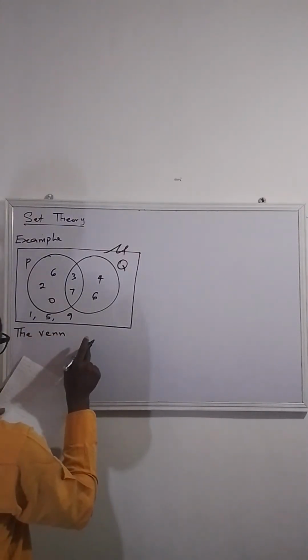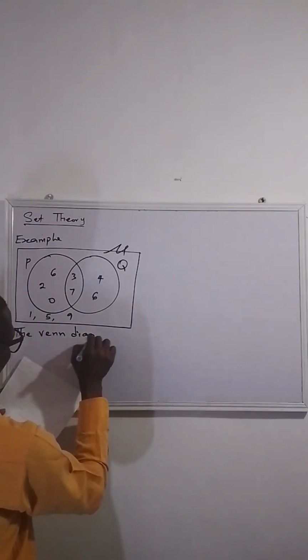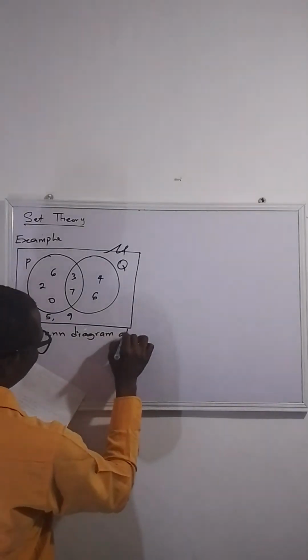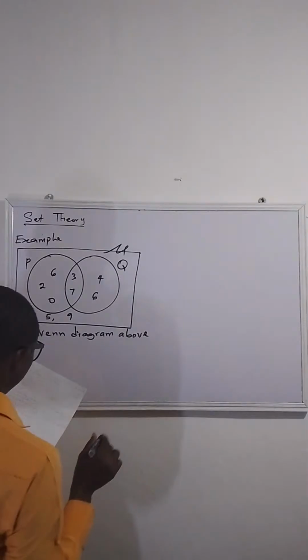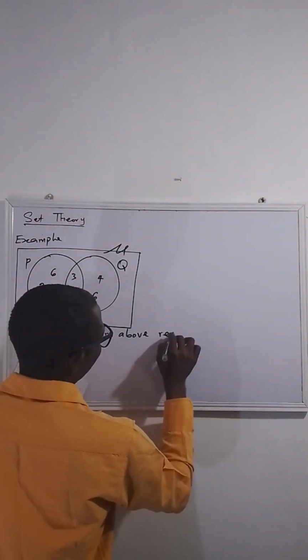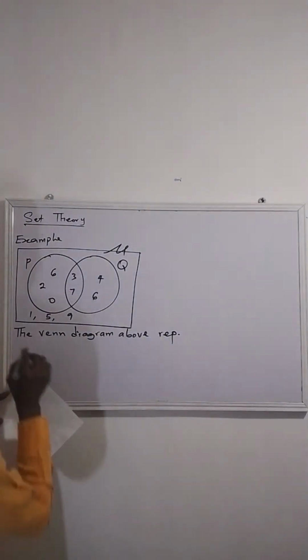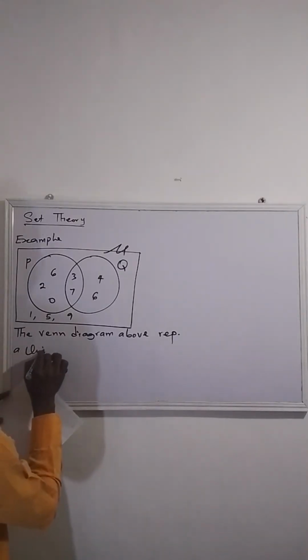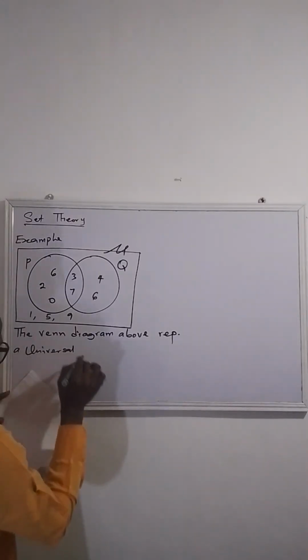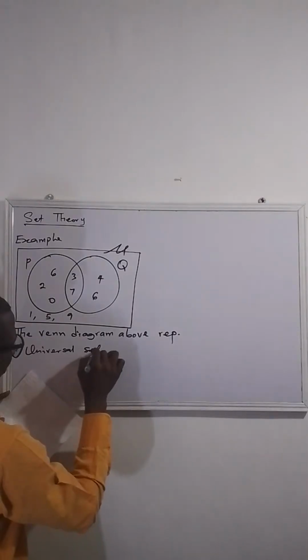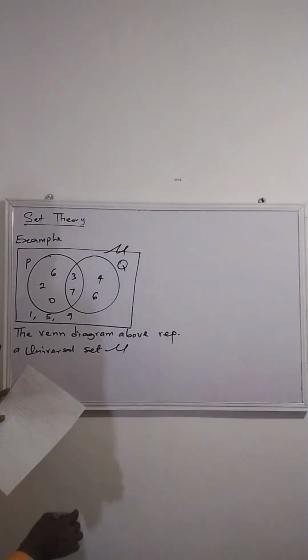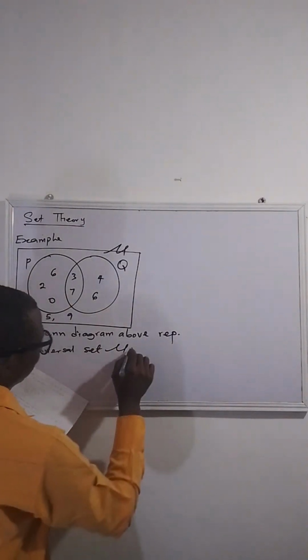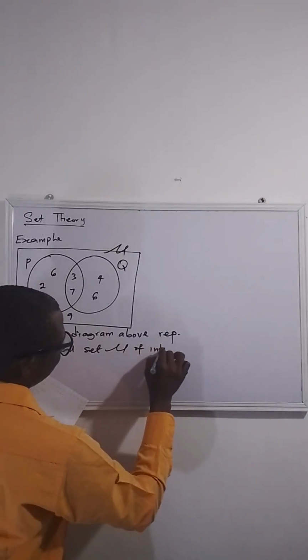The Venn diagram above represents a universal set, calling U, of integers.